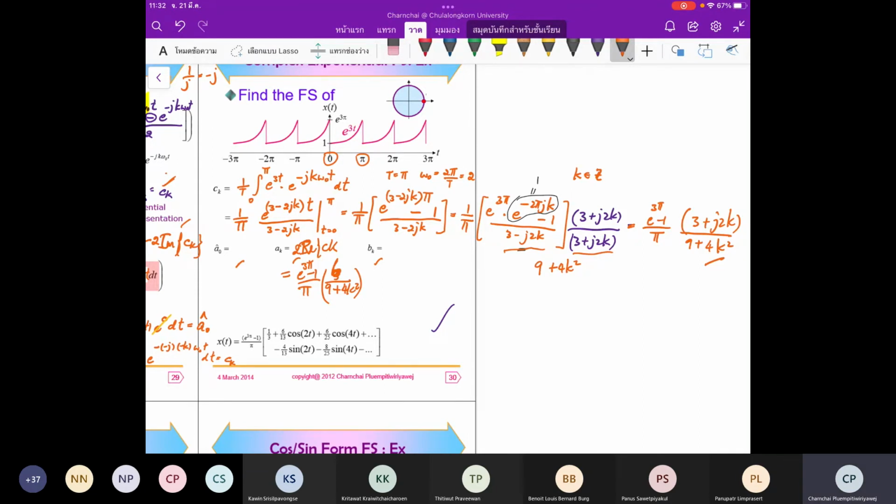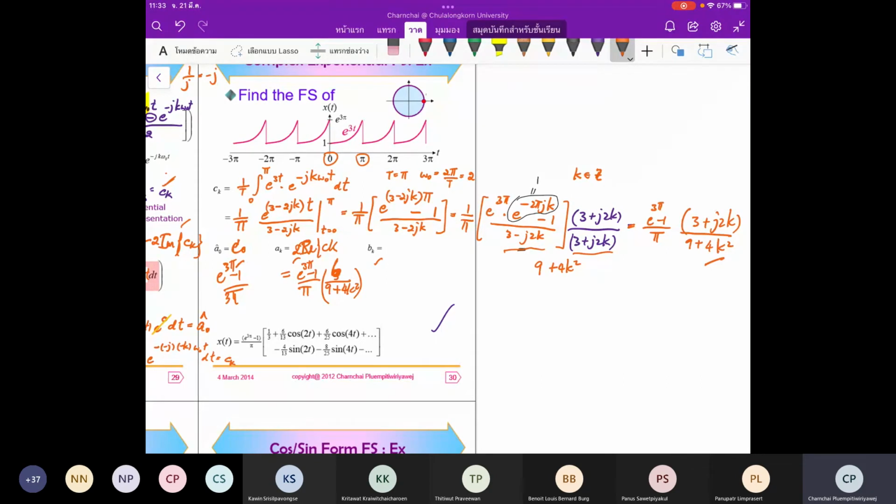And a0 hat is just c0. What is c0? It is e to the 3 pi minus 1 over pi times 3 over 9, so it's 1/3 there.